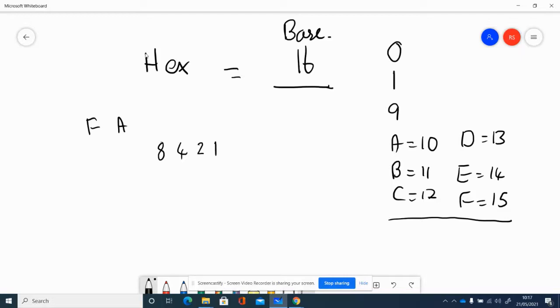So each character in hex, you can represent by these 4 binary digits, and the reason for that is that we've got 16 different combinations of binary numbers in 4 bits.